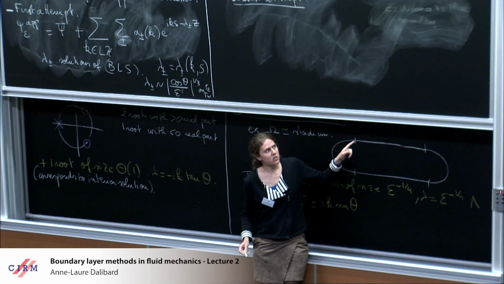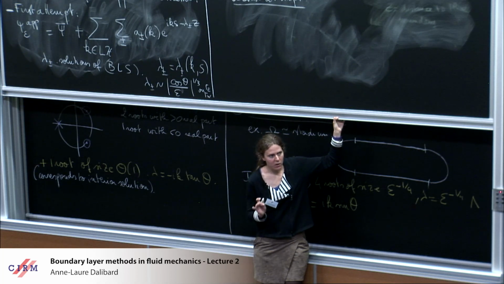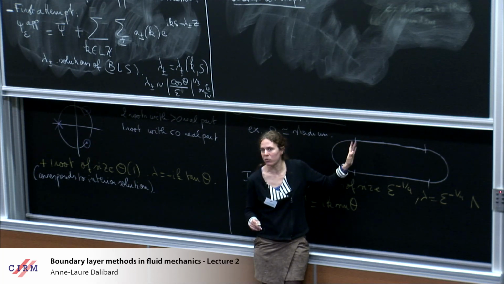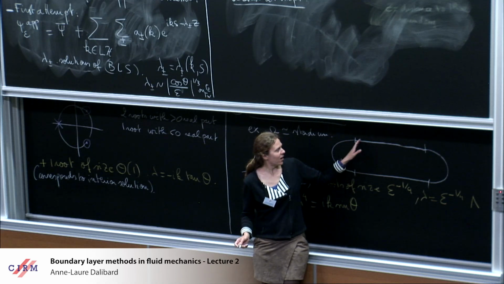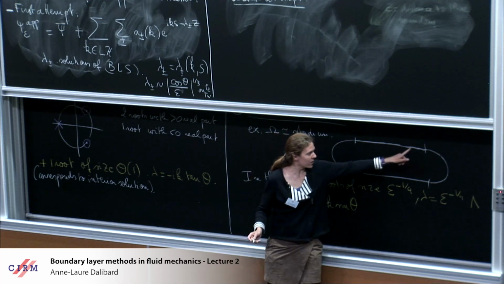So first I'm going to try to understand what happens on this portion of the boundary. Let's assume that my domain omega is actually a stadium, and let's see what happens for the solution in the vicinity of it.